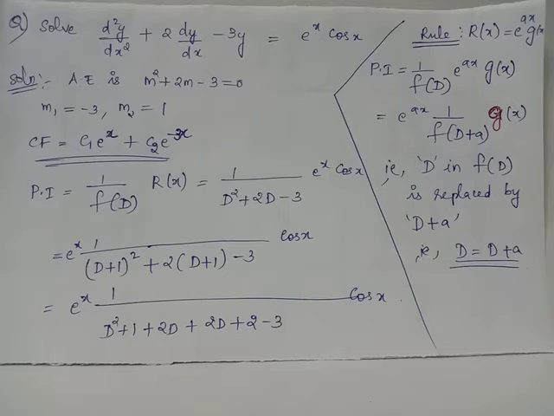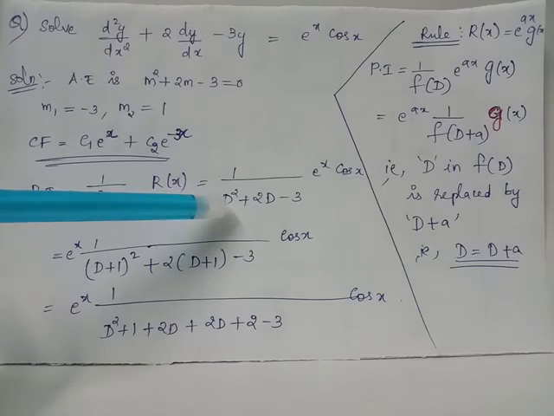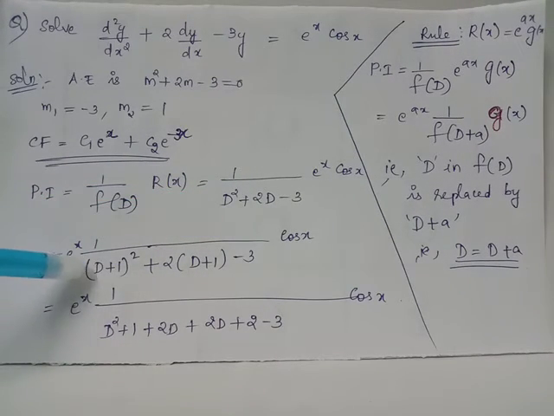Thus, the new operator will be 1 by f of D plus 1, which means that wherever capital D appears in the operation f of D, we will replace capital D by capital D plus 1. Thus, capital D square becomes capital D plus 1 the whole square, and capital D becomes capital D plus 1. This is the new operator which will act on the input cos x.